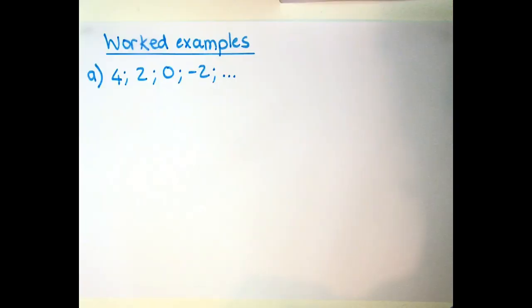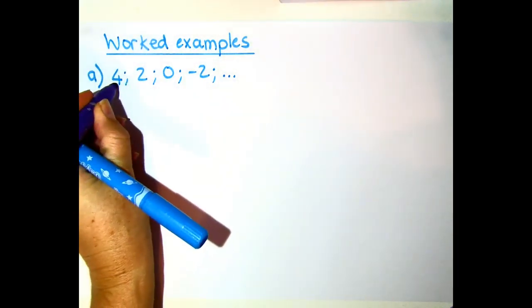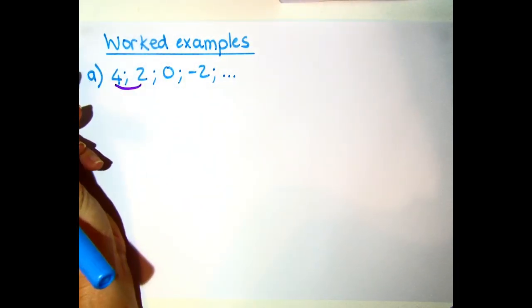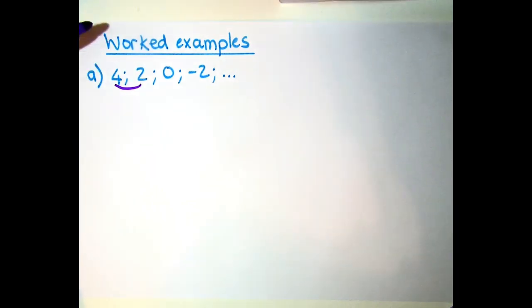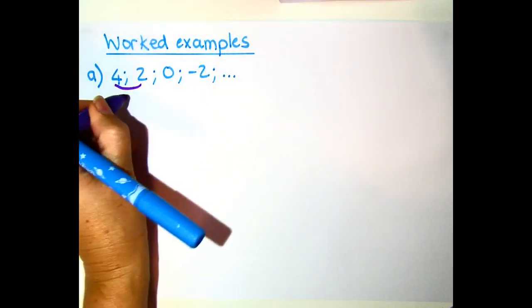In this example, when we test to see if it's linear, we see that the difference between 4 and 2 is 2, right? Not quite. Remember that you have to say what is T2 minus T1. So what's 2 minus 4? And that's negative 2.